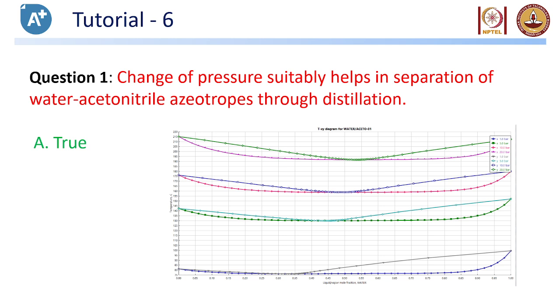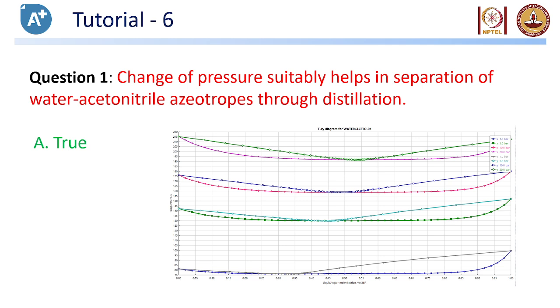Yes, the location of azeotrope is getting shifted. You see, at one bar, we are not breaking azeotrope. We are just shifting the azeotrope. That's all. We are just shifting the location, with respect to the composition of these two components.